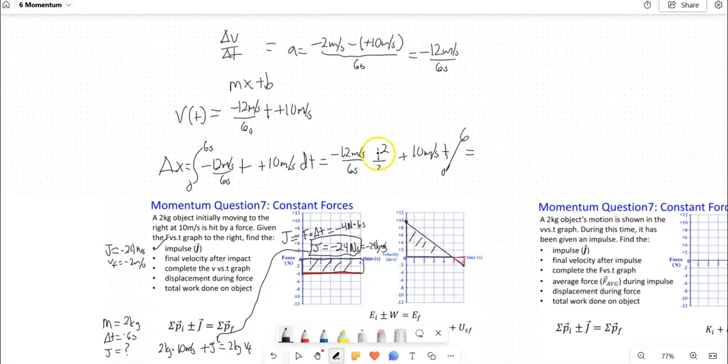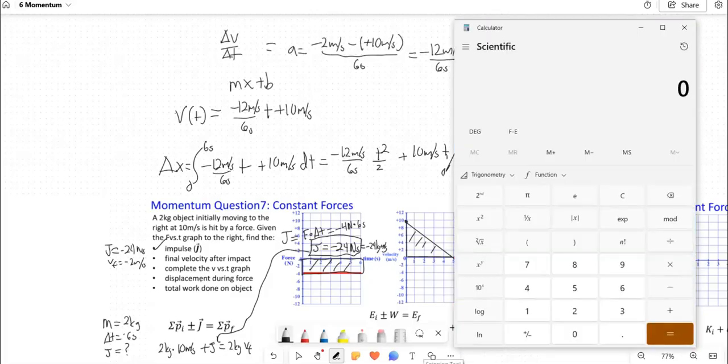So we're going to put in 6 seconds here and get a number for this first part. That's going to be 36 divided by 2 times negative 12, divided by 6 seconds.